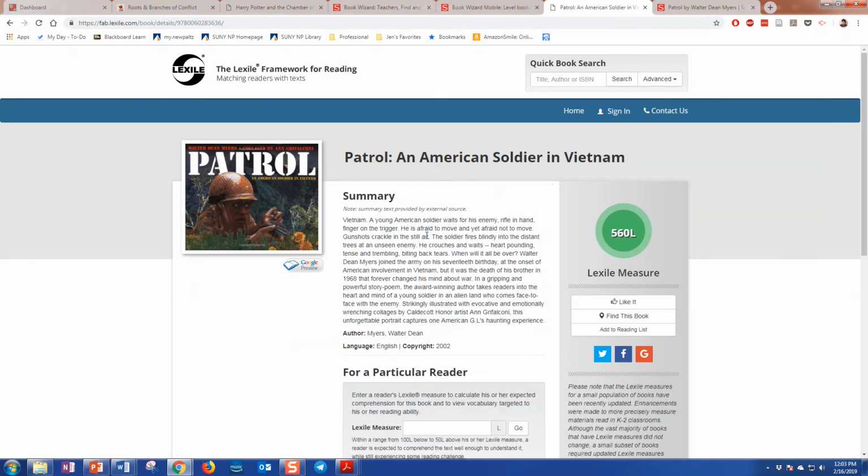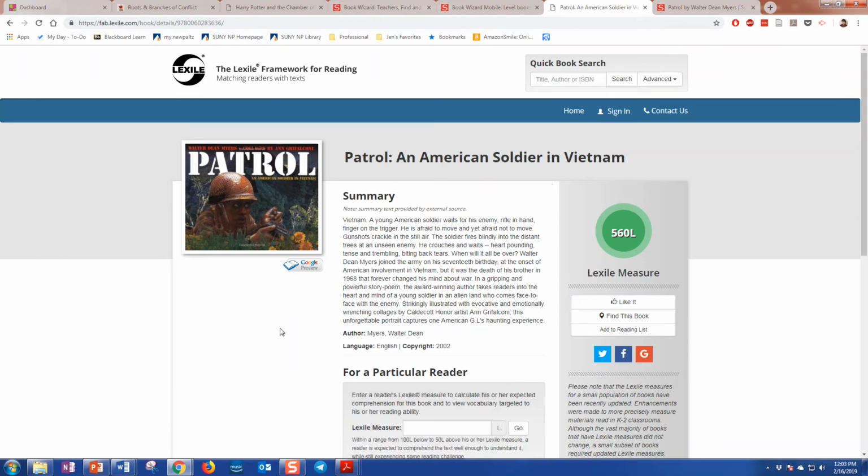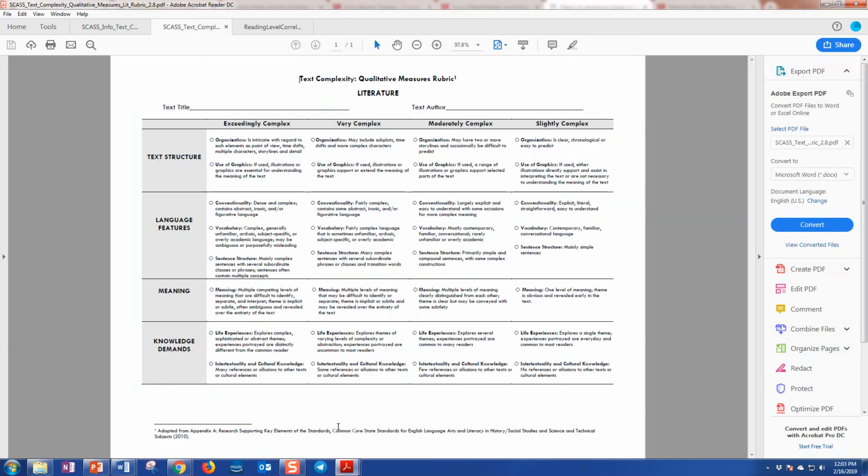So that's when we have to look into, obviously, the qualitative aspects of it. What's the background knowledge that's needed? What are the language structures? What is the context of the meaning of the book?